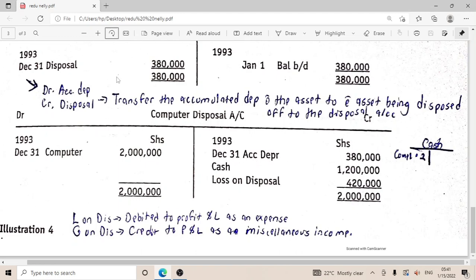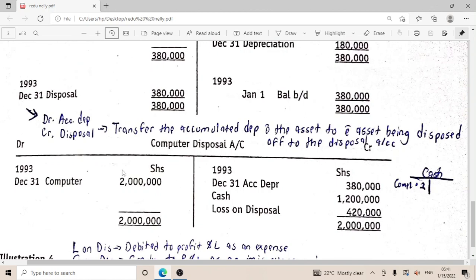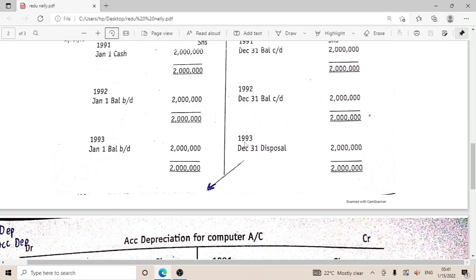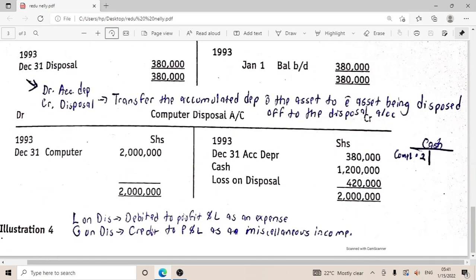Remember it crosses over, the 380,000 goes on there, that is the credit side of the disposal account, which is 380,000. So remember in the question, and I already showed you how we recorded this, the computer was from the computer account, which was this. When it closed, they were closing it off to the disposal account, it crossed over on the debit side of the computer disposal account, which is this.